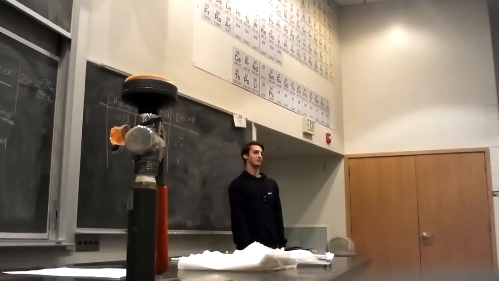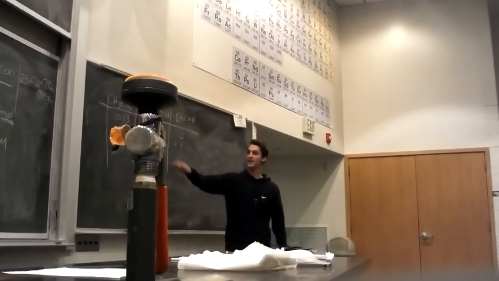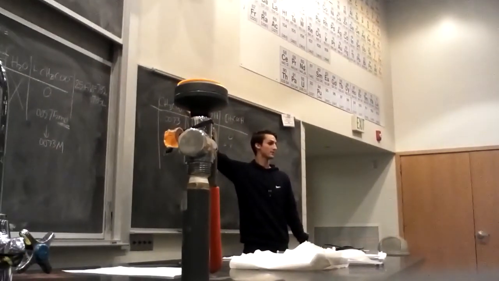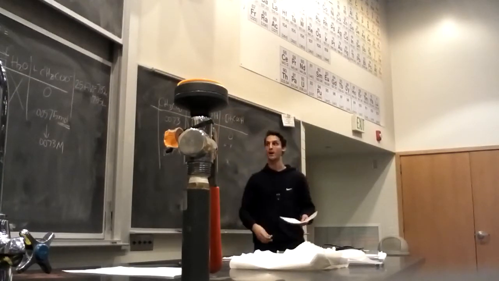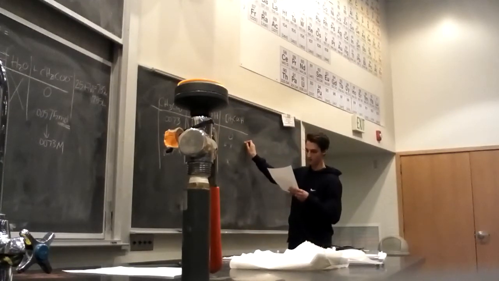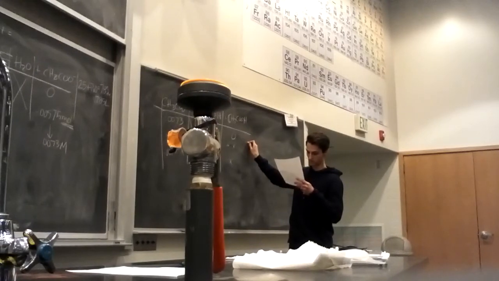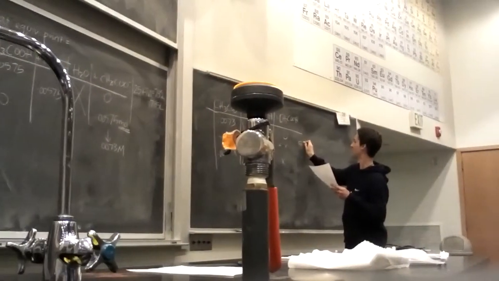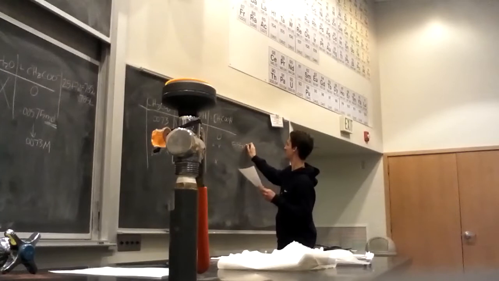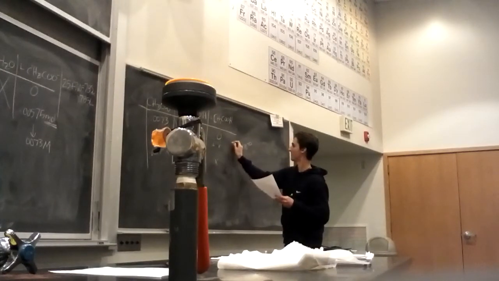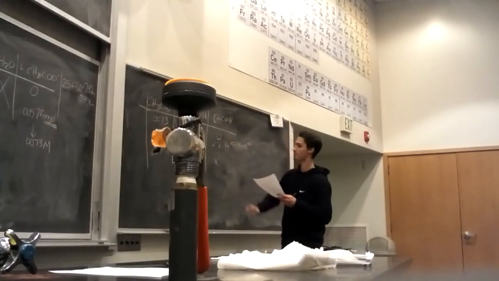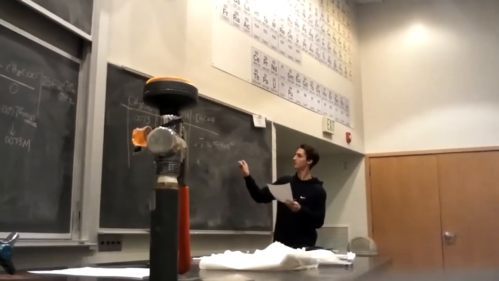You need a Kb value, right? This acetate is acting as a base, so I can no longer use my Ka value. I have to convert that to a Kb value. Your Kb equals 5.55 times 10 to the negative 10. Okay?